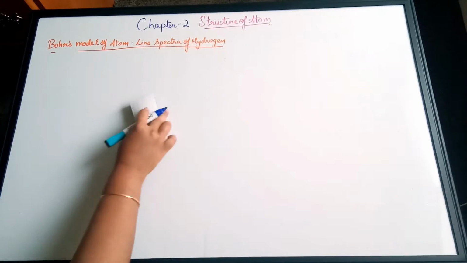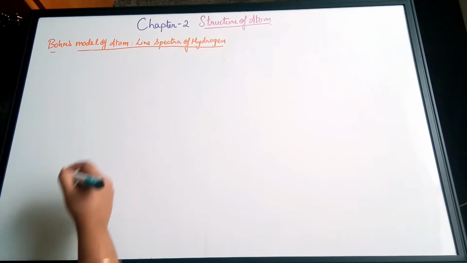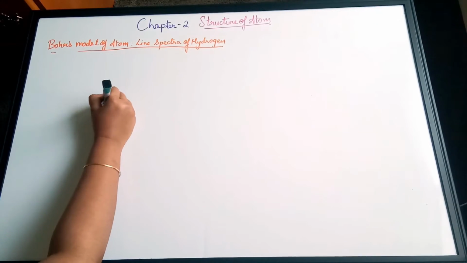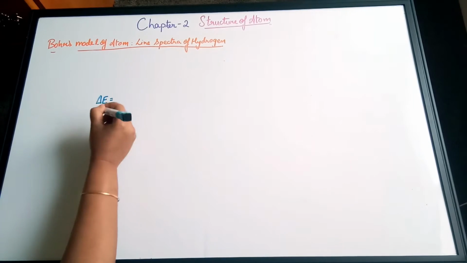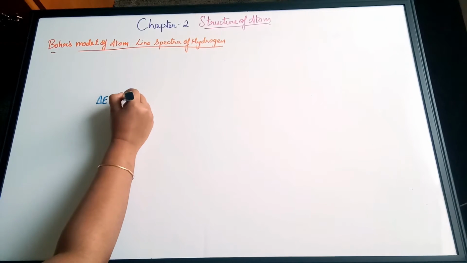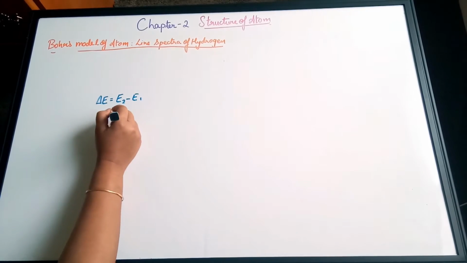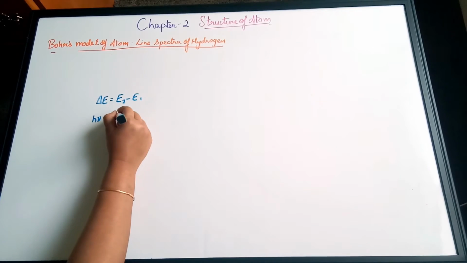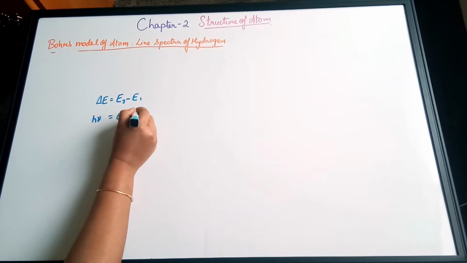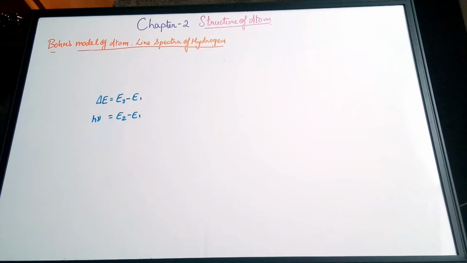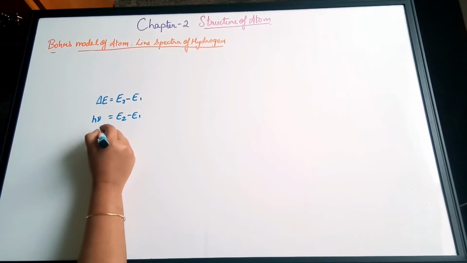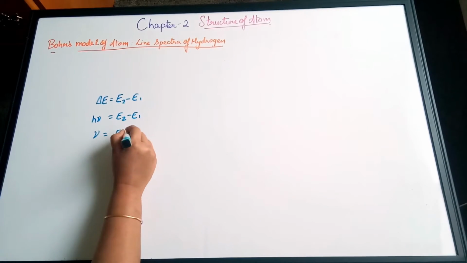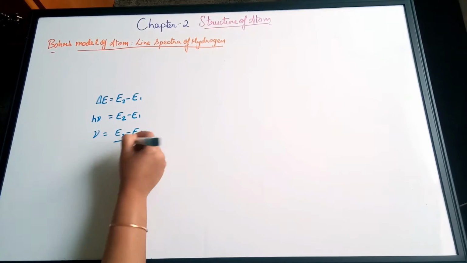So from this we know that delta E, which is the amount of energy absorbed by the electron, equals E2 minus E1, and this is equal to h mu. So the frequency mu equals E2 minus E1 by h.